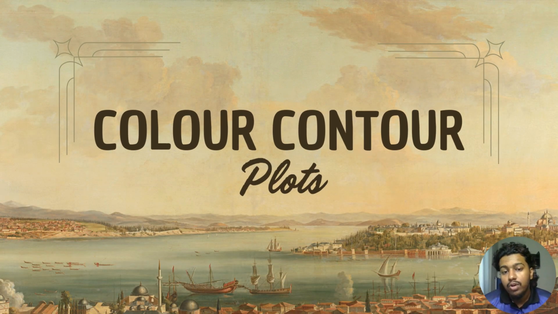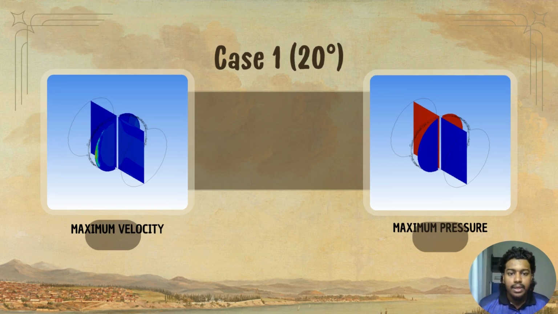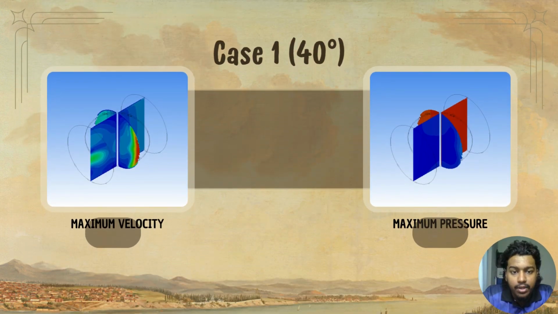Now let's move on to our color contour plots. For case one, which is the valve opening of 20 degrees, these are the color contour plots for maximum velocity and maximum pressure. This is for the valve opening of 30 degrees, and this is for the valve opening of 40 degrees.